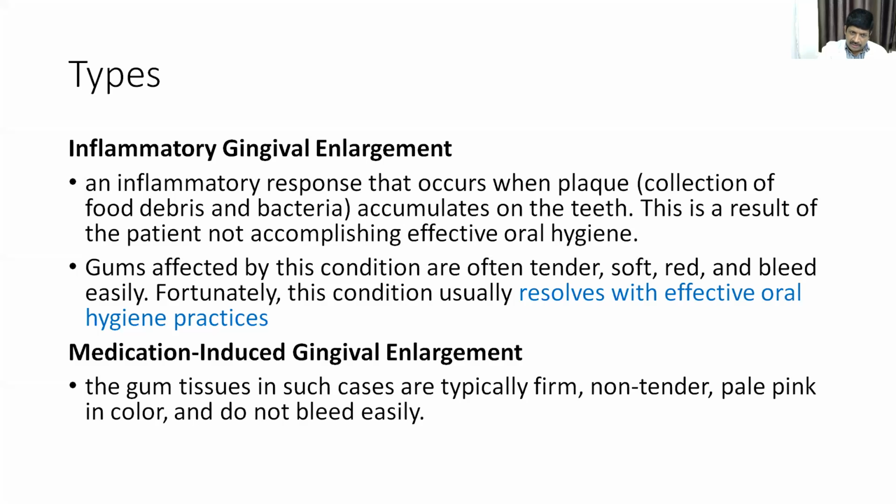The gum tissue in such a case is typically firm, non-tender, pale pink in color, and does not bleed easily. So this is the medication-induced or phenytoin-induced gingival enlargement, where the gums are non-tender, pale pink, and do not bleed easily, whereas here it was tender, red, and bleeds very easily.